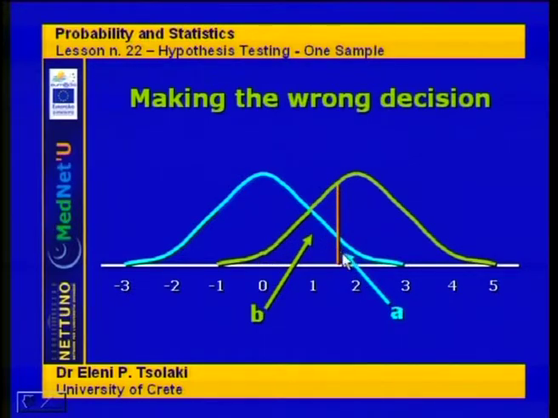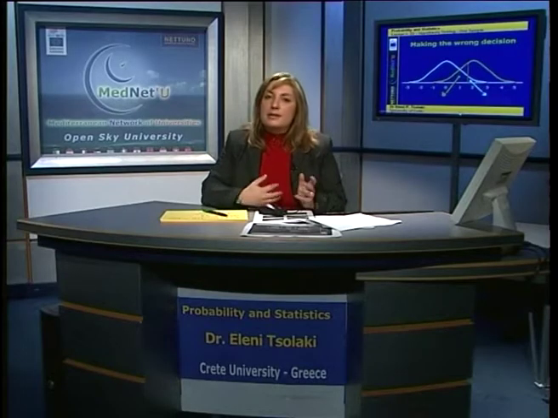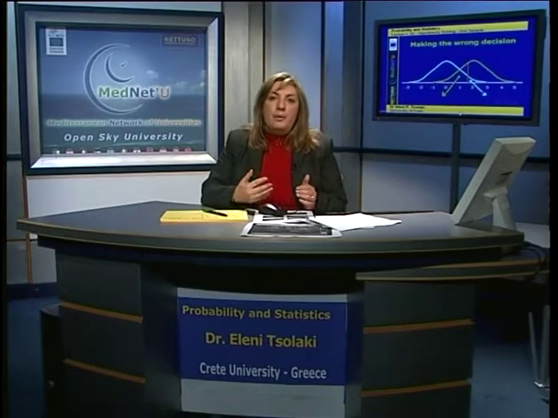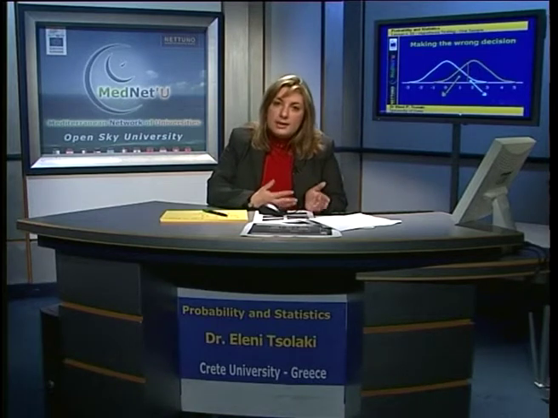So the smaller we make a, the larger the b is. So we can understand that by gaining on one side, we are losing on the other.